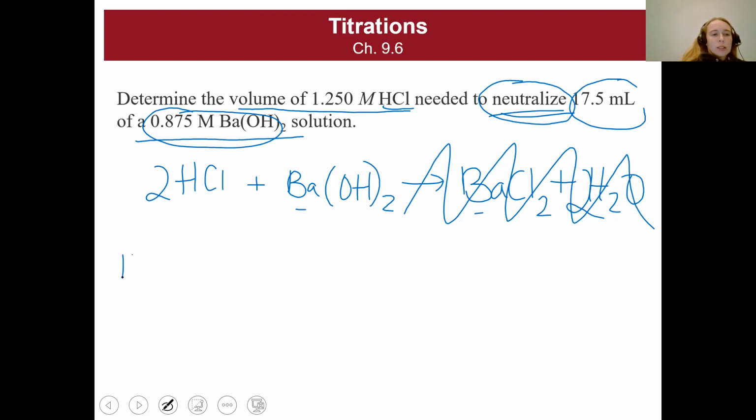So 17.5 milliliters, and we're going to use this molarity, 0.875 moles per liter. That's what this capital M stands for again. This is not in liters, so I need to fix that.